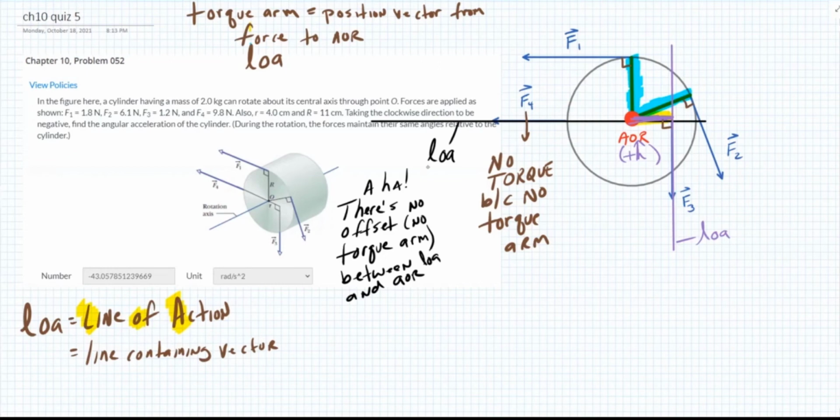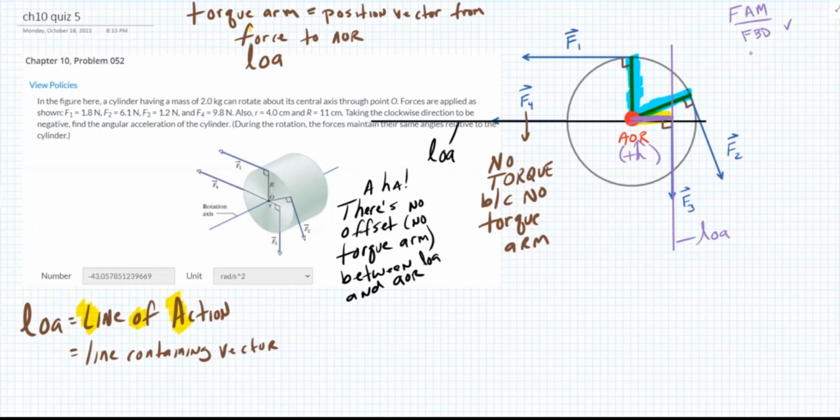Okay, so let's see. We're doing the force analysis method. We have to do the free body diagram, which is done. Free body diagram, F1, F2, F3, F4. We have to do coordinate systems.